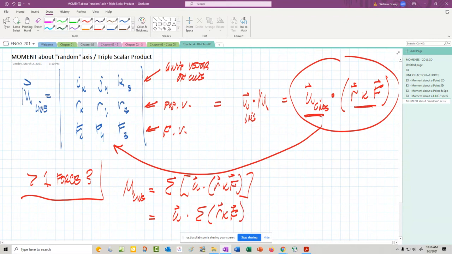Meaning I can find all the moments about that line, then add them up. That's the first case. Or I can find the moments, because this is really U dotted with the resultant moment. I can find all the moments and then dot it with that U. And either way is fine.